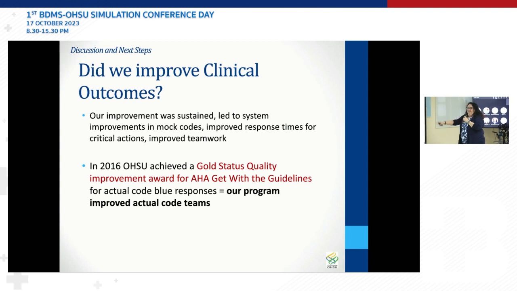And in 2016, the year after the data that I showed you, OHSU achieved a gold status quality improvement award from the American Heart Association for our outcomes in Code Blue, which is awesome. Now, I can't say that SCIT is responsible for 100% of this, right? But the percentage of patients who have a short time to defib is one of the key factors that goes into whether you earn these awards.